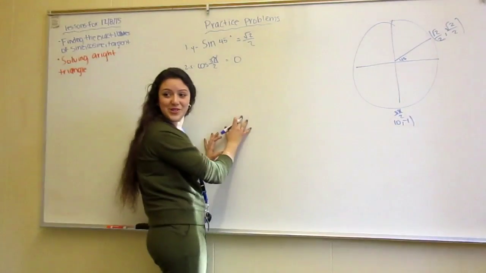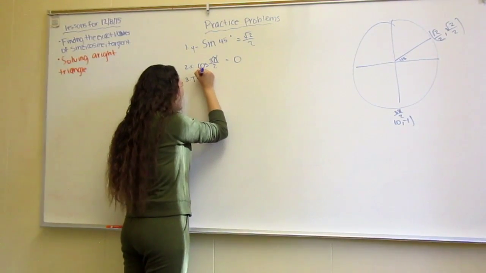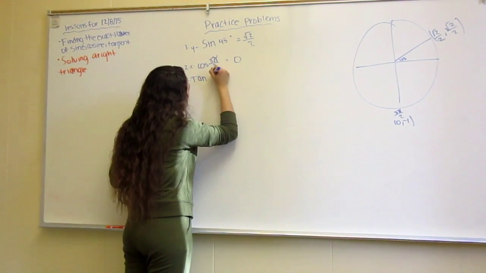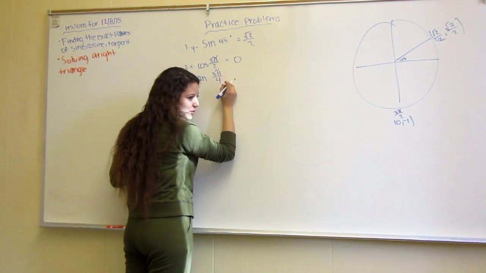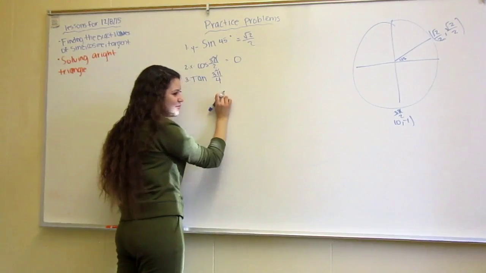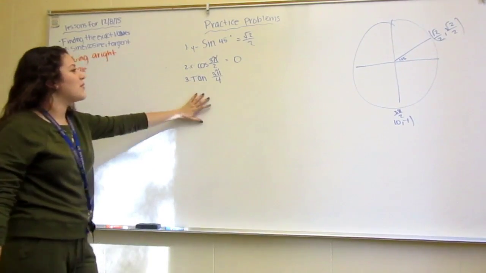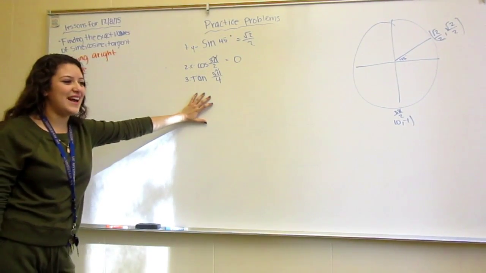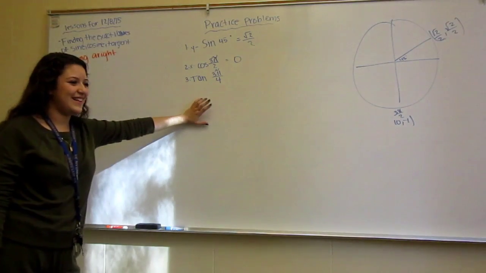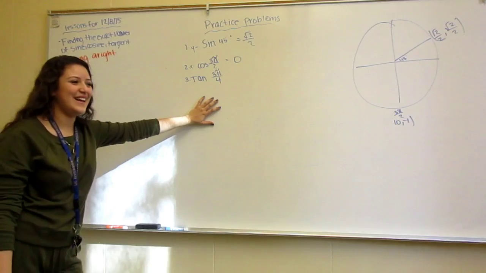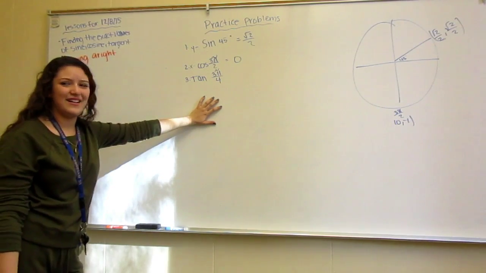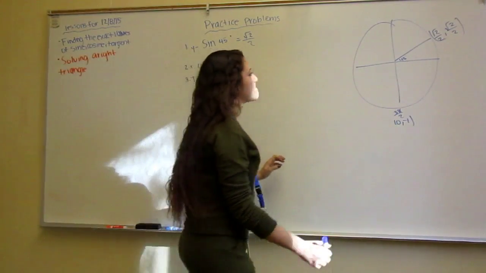This is going to get a little bit trickier, class. Tangent of 3 pi fourths. Where is 3 pi fourths located? It's 135 degrees.